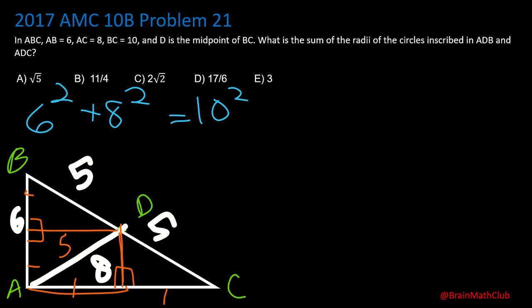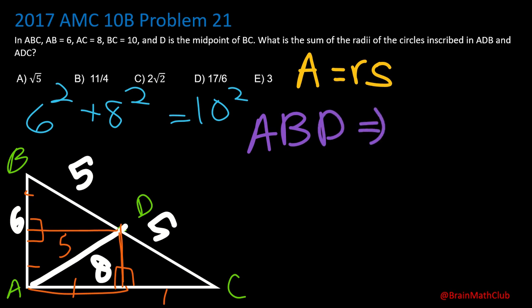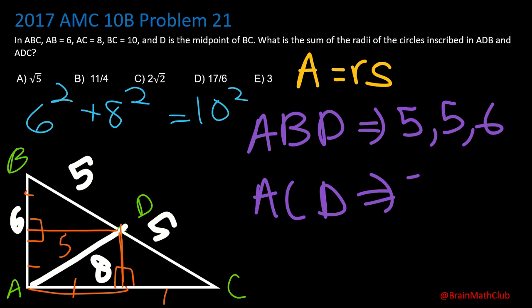Now, in order to find the radius, we want to remember A equals RS. S is the semiperimeter, R is the radius of an inscribed circle, and A is the area. So now, we know that ABD has side lengths 5, 5, 6, while ACD has side lengths 5, 5, 8.